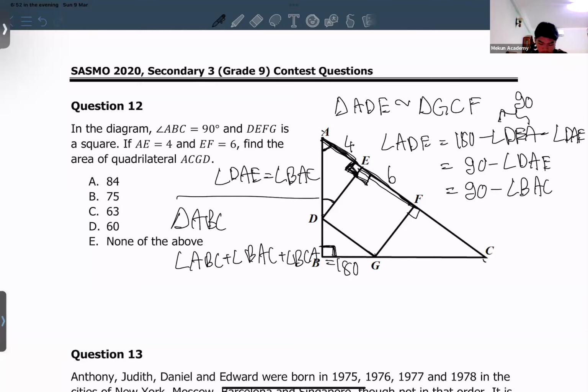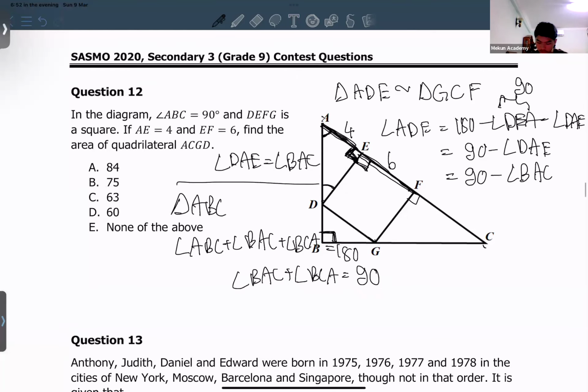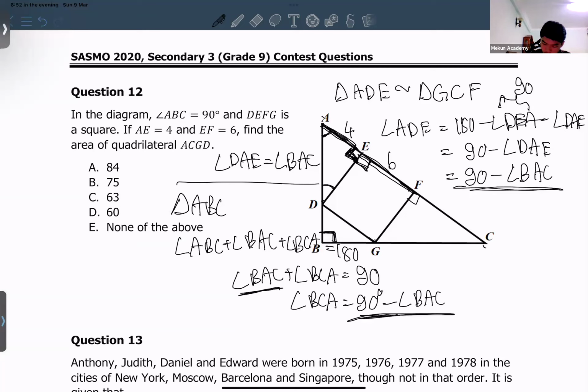But ABC equals 90, so you'll get BAC plus angle BCA equals 90. Then you can move BAC to the right side, so you'll get angle BCA equals 90 minus angle BAC. So from here, equals to this one. So you can say that angle ADE also equals angle BCA.